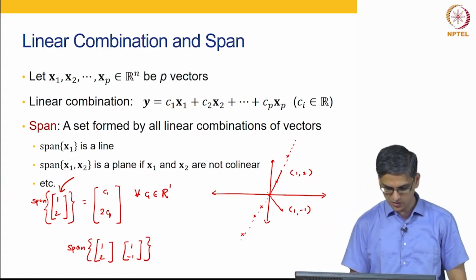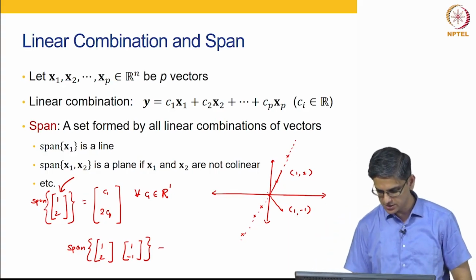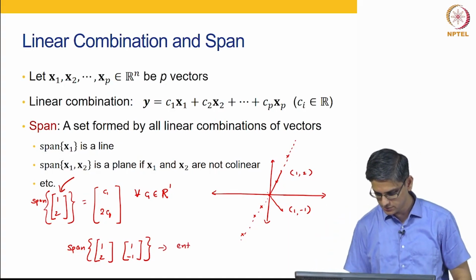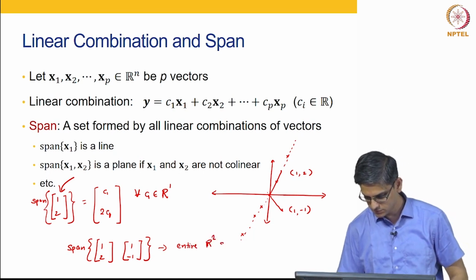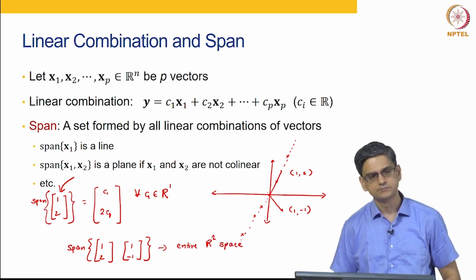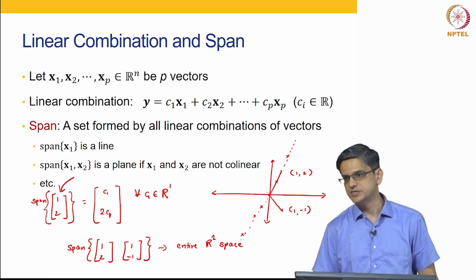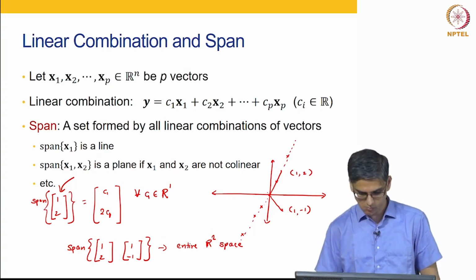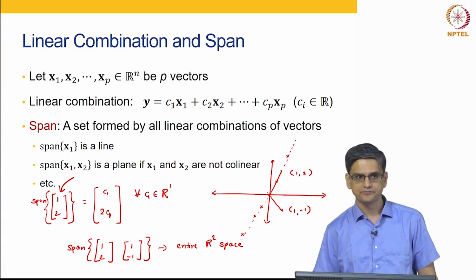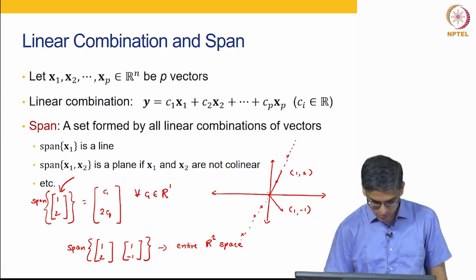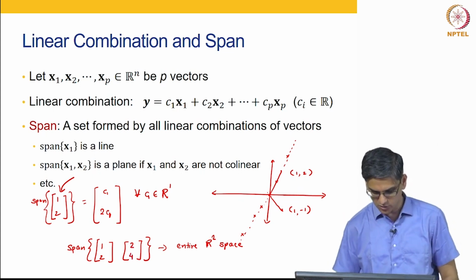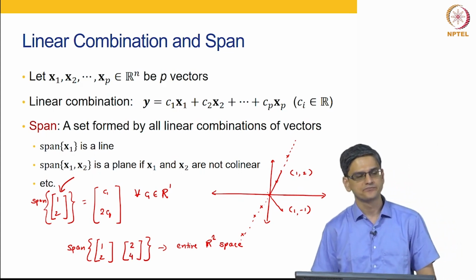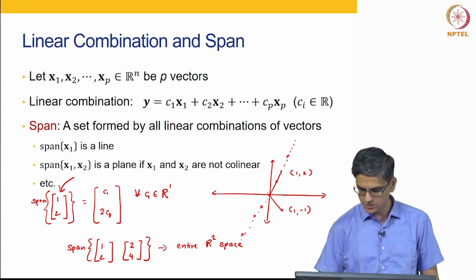So span of 1, 2 and 1 minus 1 is entire R2 space. What if I ask you what is the span of 1, 2, 2, 4? It is that same line.